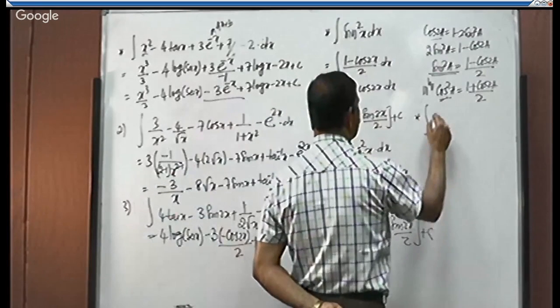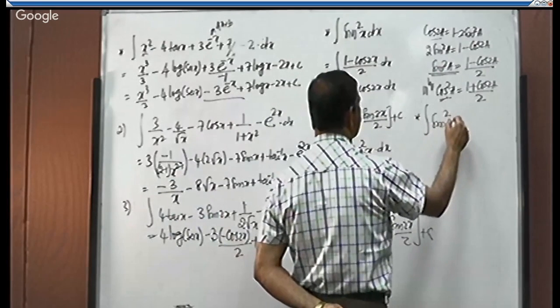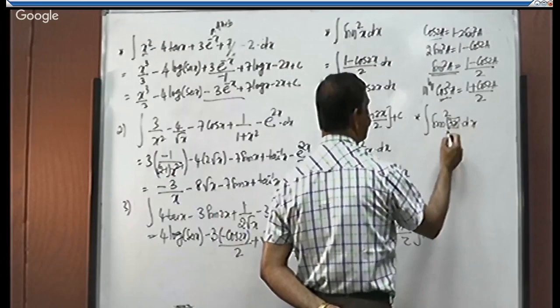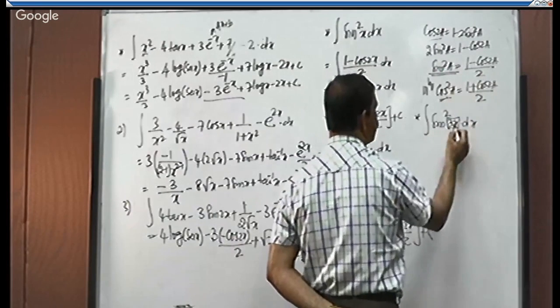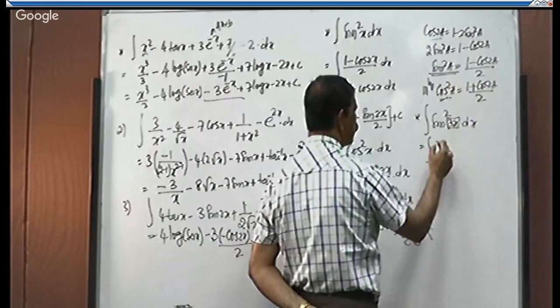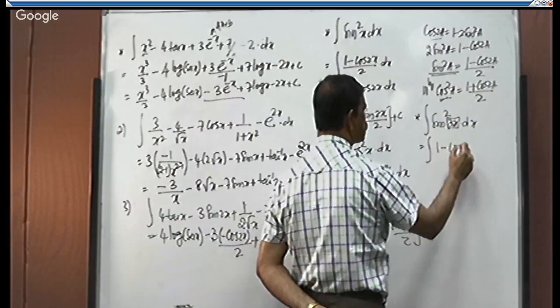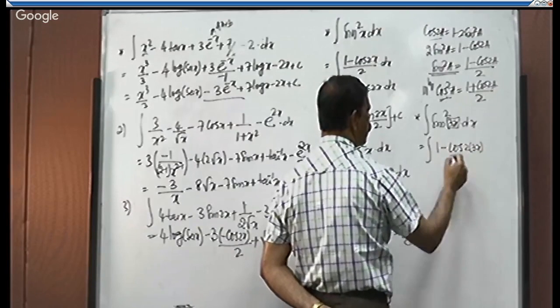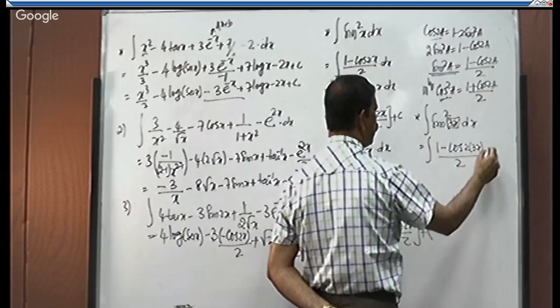Sometimes they will give you something like sine square 3x dx. In place of a, we have 3x. Write according to that. 1 minus cos 2a, where a means 3x, all divided by 2 into dx.